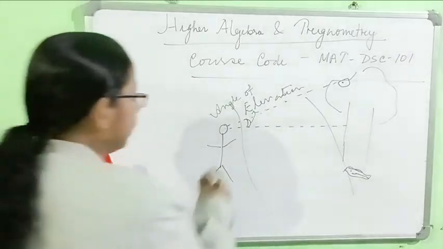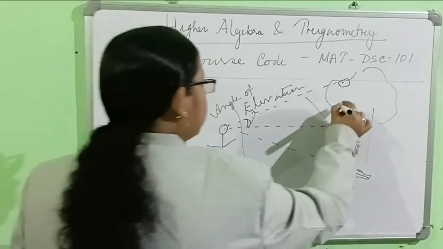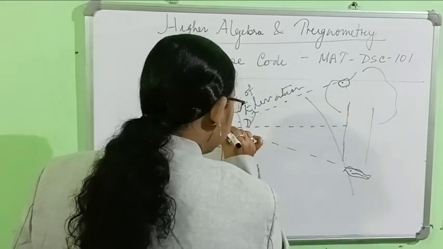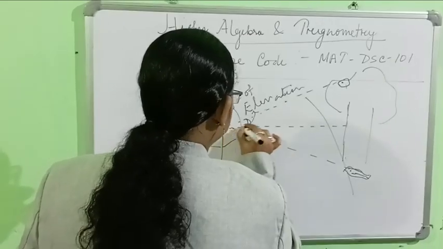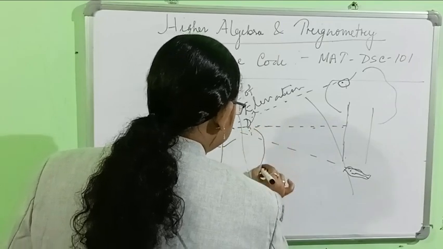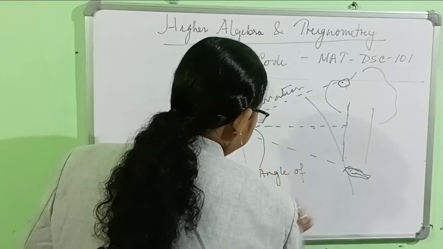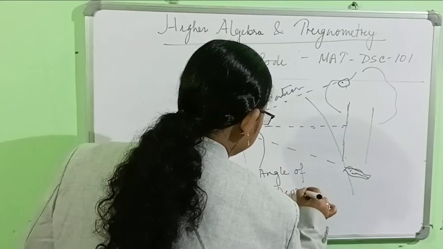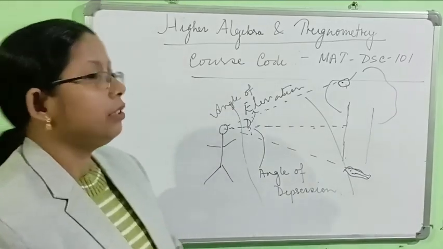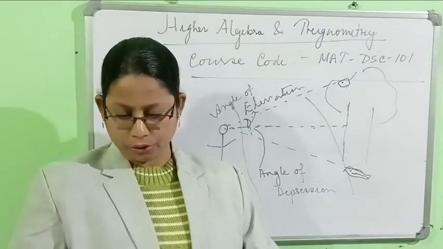Okay, an angle made by the height with this crocodile, with this horizontal line, is known as angle of depression. These two are important concepts in studying trigonometry, that is angle of elevation and angle of depression.